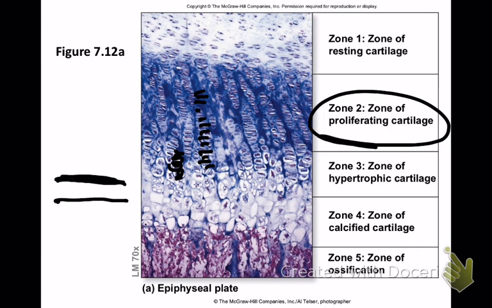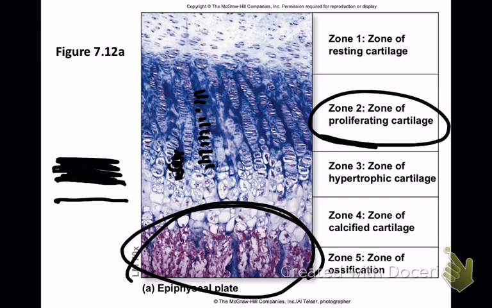They grow on the top surface. So I'm going to add new layers to the top. At the same time, I'm removing these layers at the bottom. It calcifies, and my osteoclasts are erasing it.